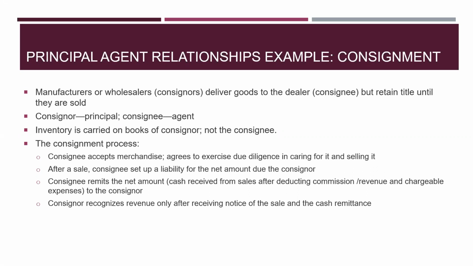But the legal title, the risk and rewards then belong to the consignor. So for simplicity's sake, you can look at the consignor as the principal and consignee as the agent. Once you determine who you are in this relationship, whether consignor or the consignee, then we will look at how to do accounting for those.